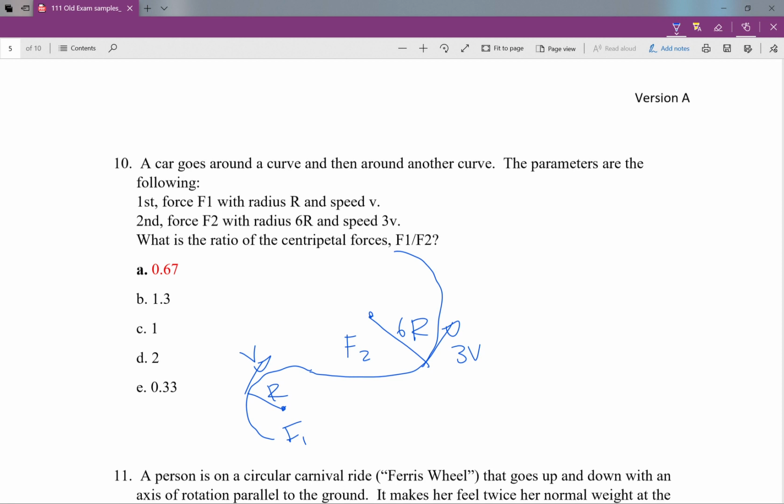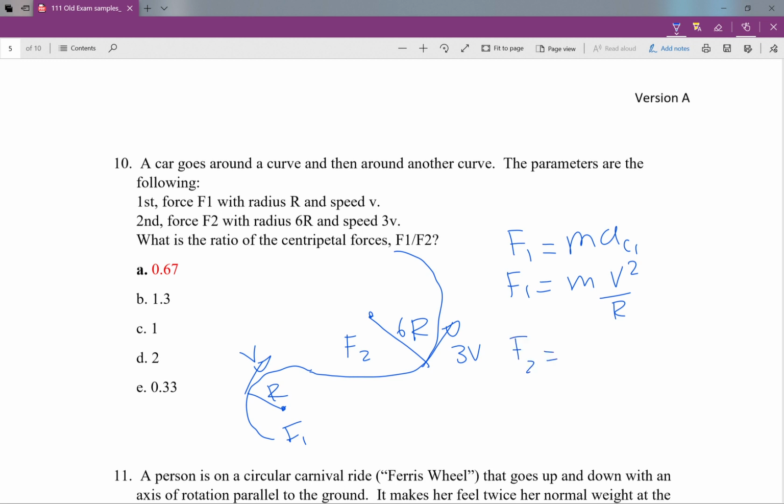Well, pretty simple. First we have F1. It's going to be mass times a_c1, and that's going to be the mass times v squared over r, the radius of the first curve.